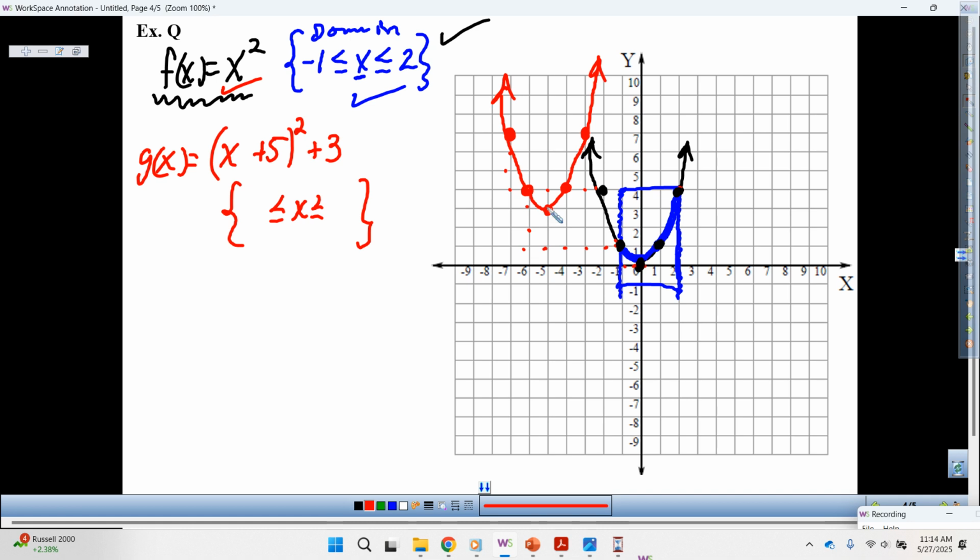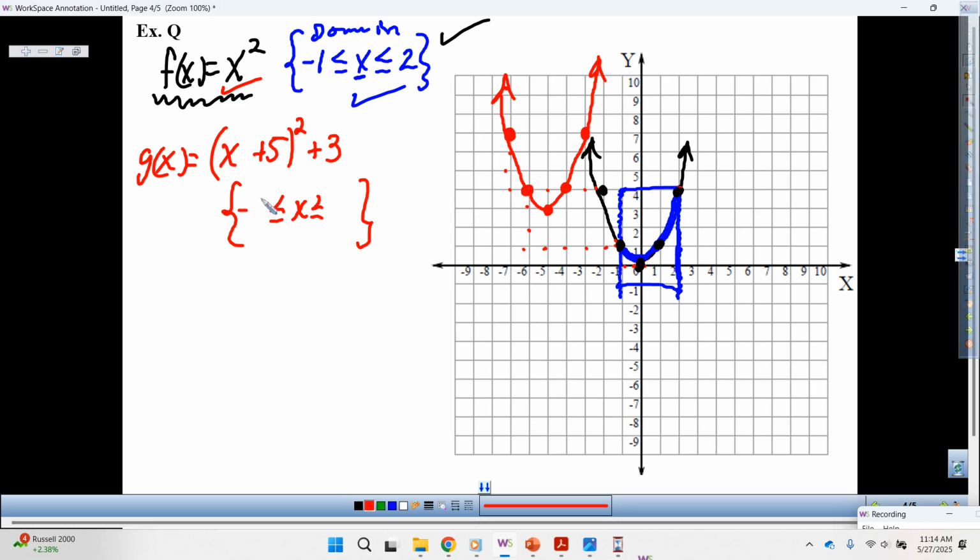Between what x values? All right. Edwin, between what x values? Negative 1 is way over here. It's not even on this graph.